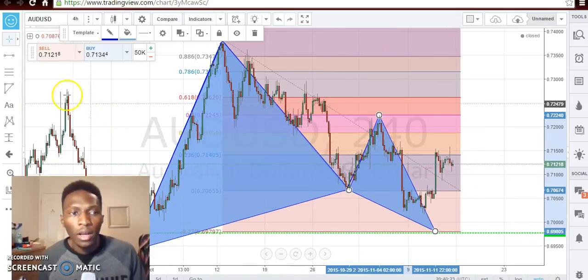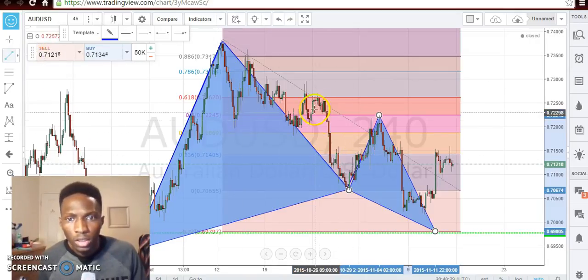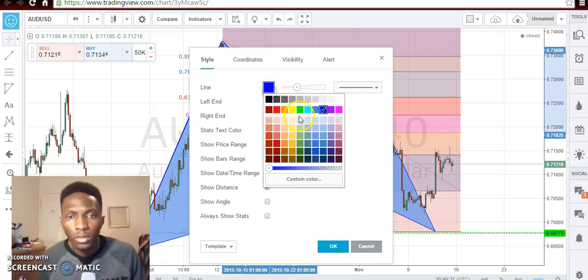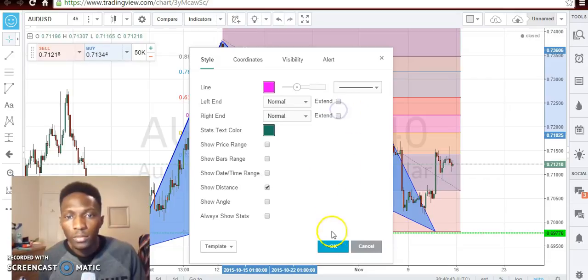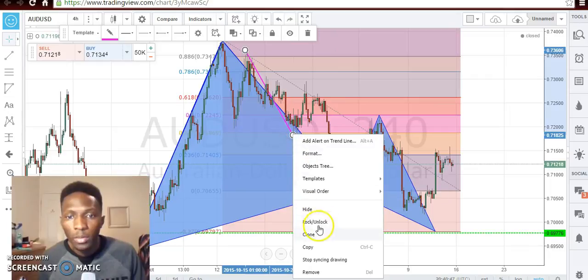And there's one thing that I wanted to show you guys as well. We've actually got a harmonic move round about where that Gartley pattern is about to be completed. So let me actually start up from right there. Change this color to purple. So I'm going to go ahead and copy that.